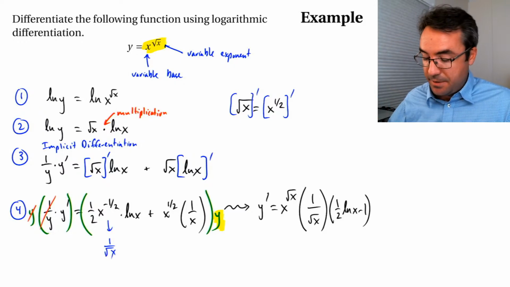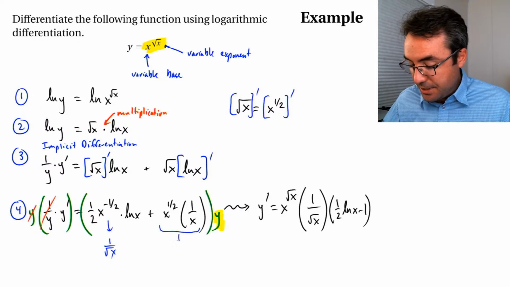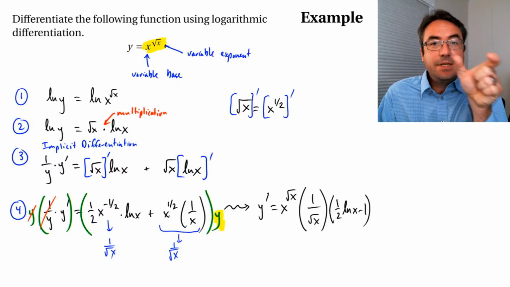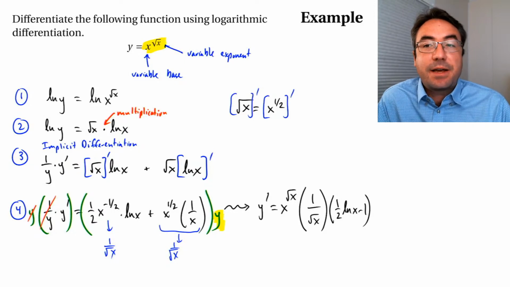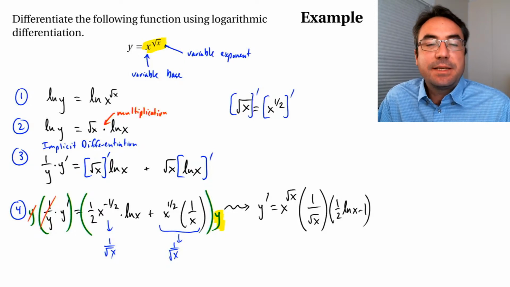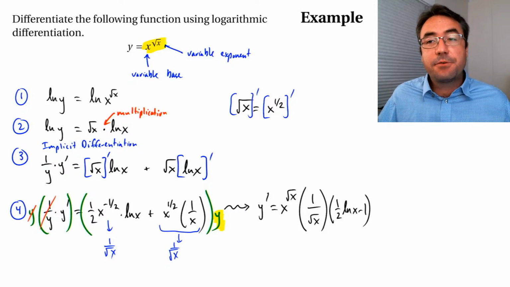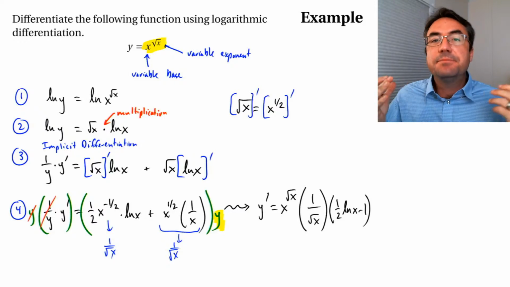And then the x to the 1/2 times 1 over x, if you do that multiplication, you also get 1 over square root x. So both terms inside that big set of parentheses have a 1 over square root x, so we can factor that out. Again, not really necessary to simplify like that, but it could be helpful. And that's it. We differentiated, we have y prime, everything's in terms of x on the right-hand side, so we're done.